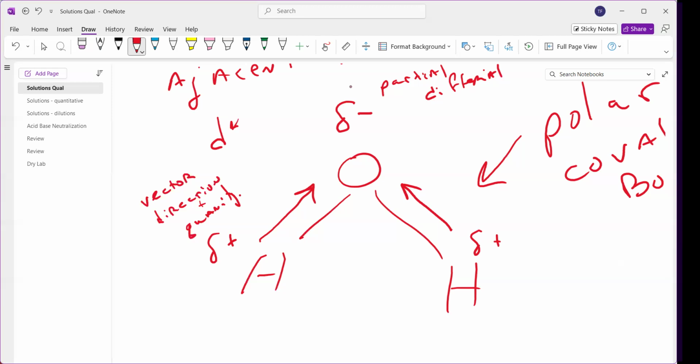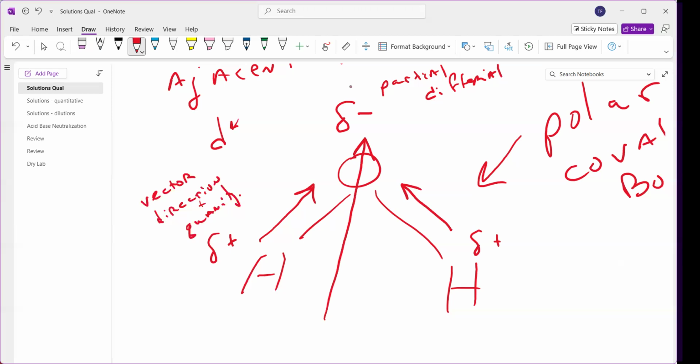They cancel. In the case of water, they're not going 180 apart. They're angled. So part of the force is negated and the other part is not. So we basically have a net force going that way. So water basically is polar for this reason. In fact, it's very polar.